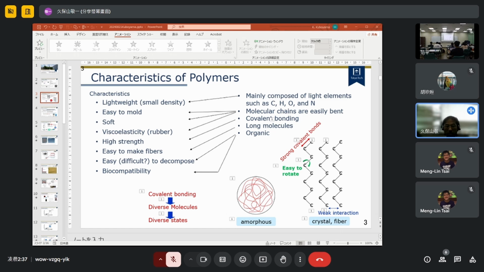So the chemical structure is written like this, and this is called polyethylene.